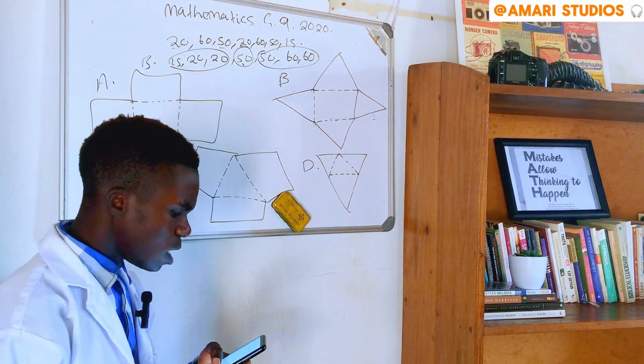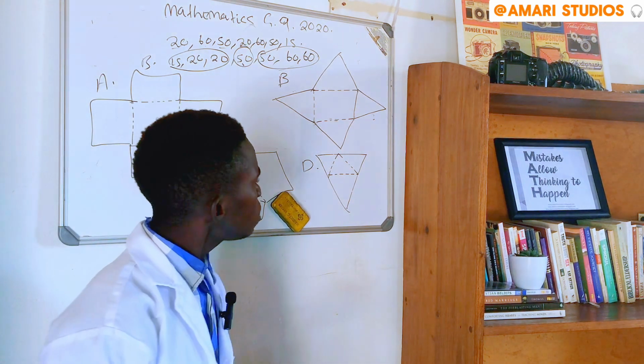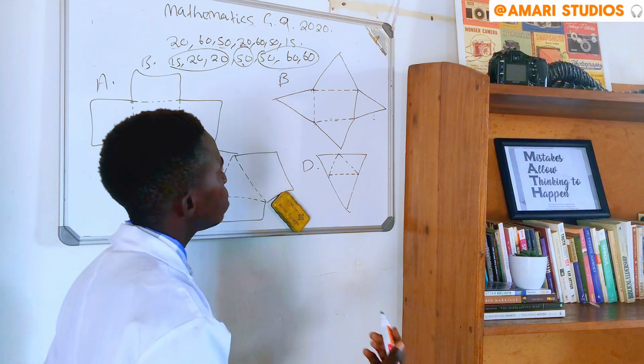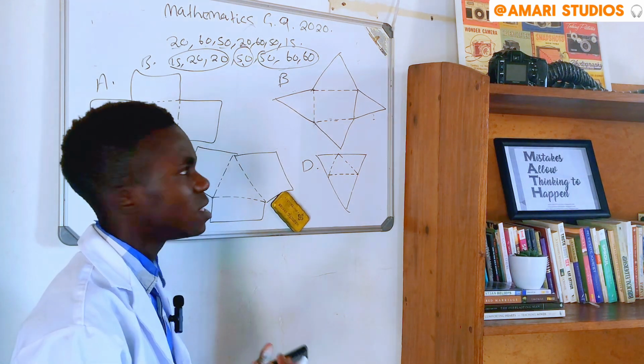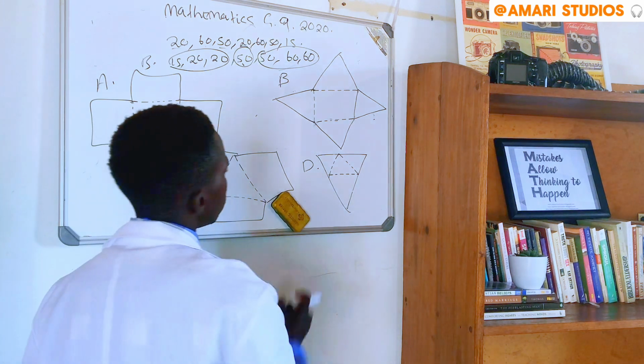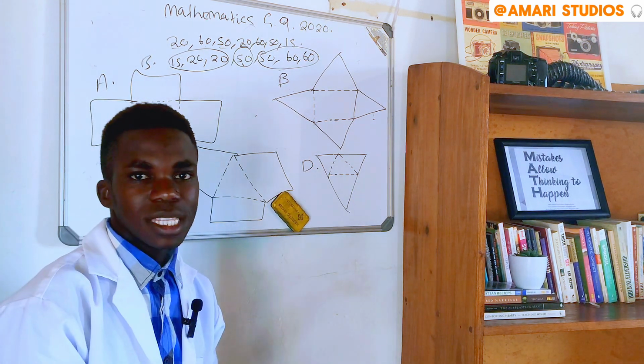So the question is saying, which of the following is a net of a square based pyramid? You can even get a hint from our statement, which says a square base. As you can see, these diagrams were opened out.